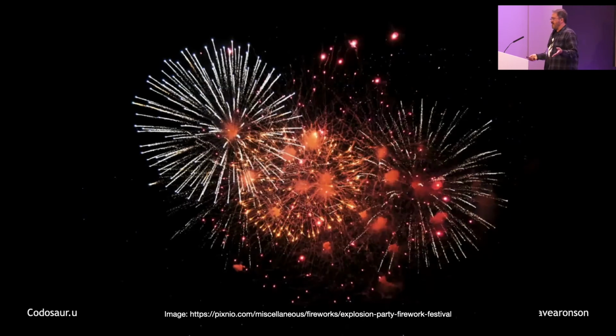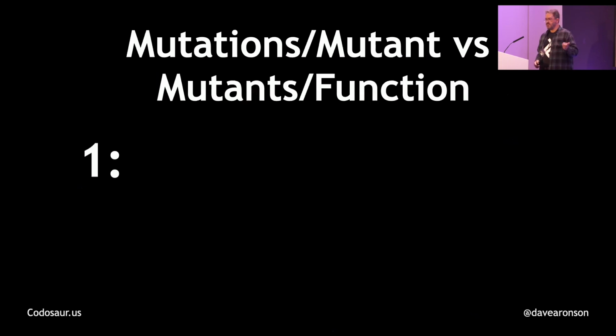I'll spare you the math, but with our earlier assumptions about code size and trimming down the mutants and everything, with one mutant per function, we'd have about 333 mutants per function, and a third, but I'm rounding.